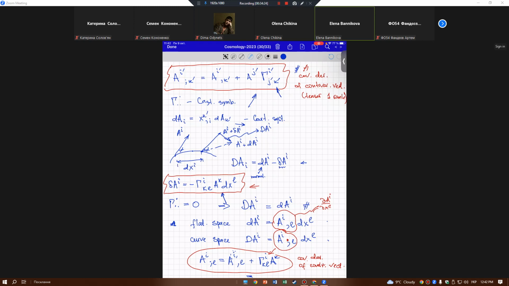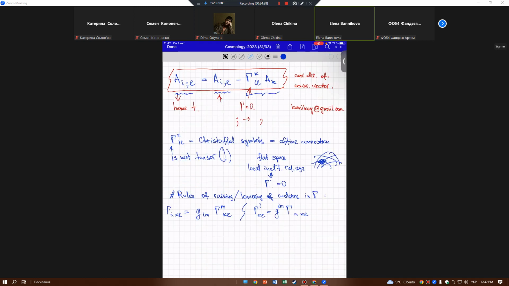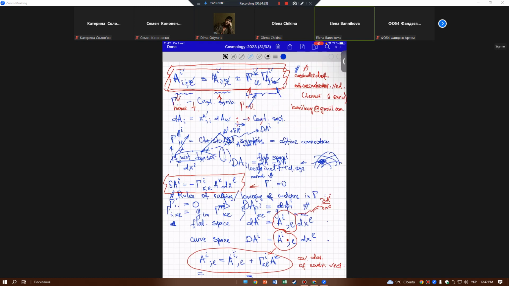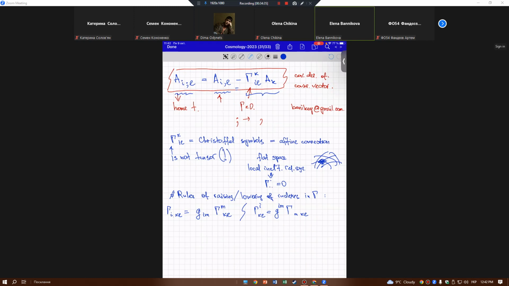But you can just trust me, and look here, you can see. This is for the contravariant vector, and this is for the covariant vector. Here you can see minus. But this is due to this play with the derivation of coordinates. It just appears as a minus if you do everything carefully.